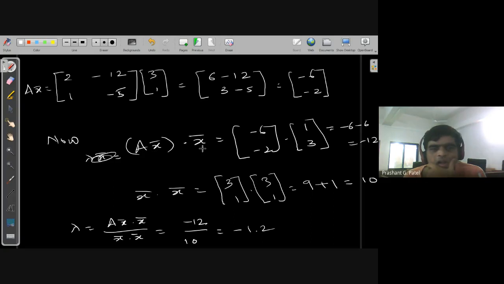Now Ax bar into x bar will be minus 6 into 1, which gives me minus 6, and minus 2 into 3 will give me minus 6. So this will be minus 12. This is x bar dot x bar.